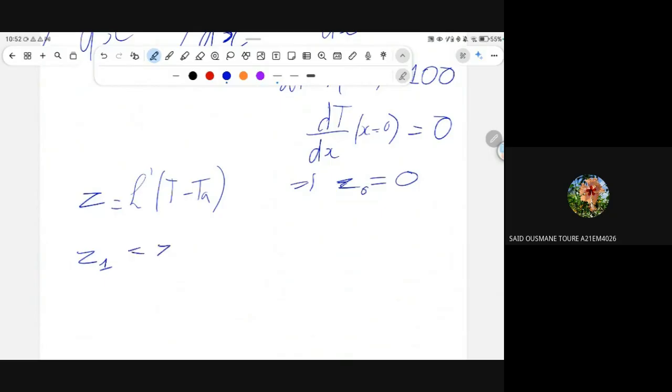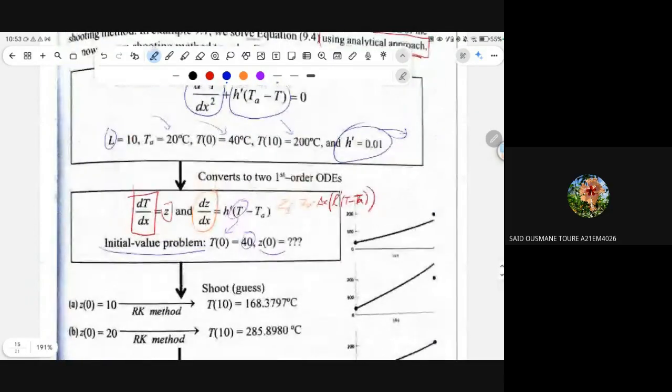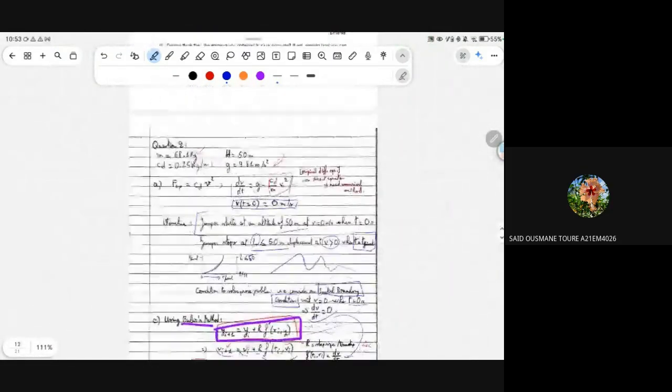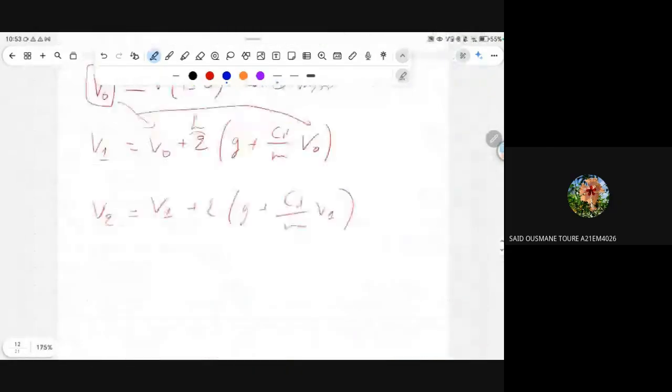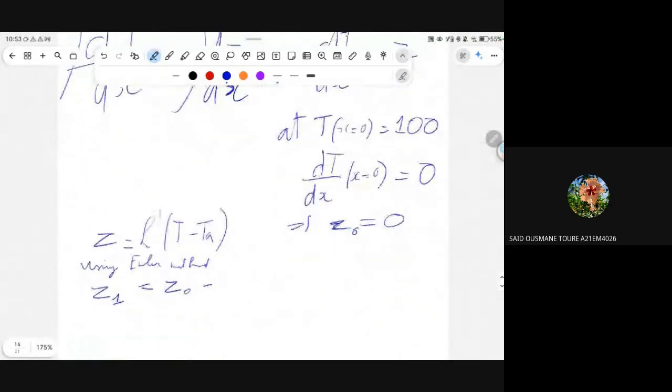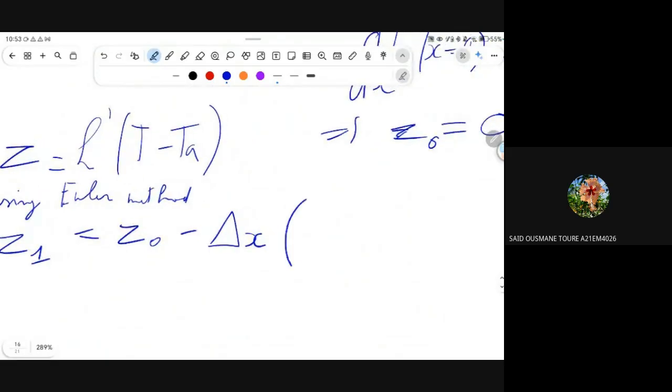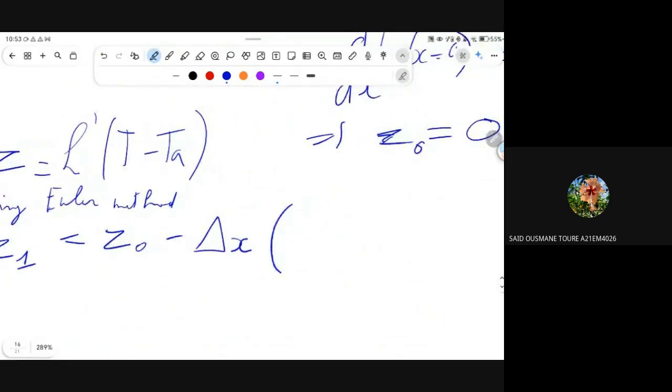z1 equals, using Euler method, z0 plus or minus, I believe. What does Euler method say? It says that it's plus step size. Don't get confused. Plus step size times this.